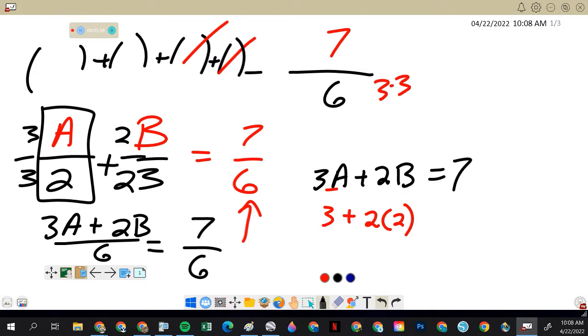And then if B was -1, that would be 7. So it turns out there are multiple ways to figure this out. Okay? But I can reverse engineer the fraction 7 over 6, and I can find two fractions that add together to be 7 over 6. And those fractions are simplified fractions.